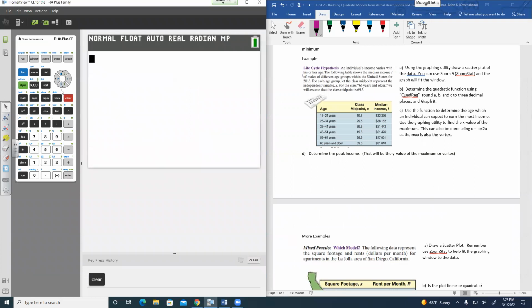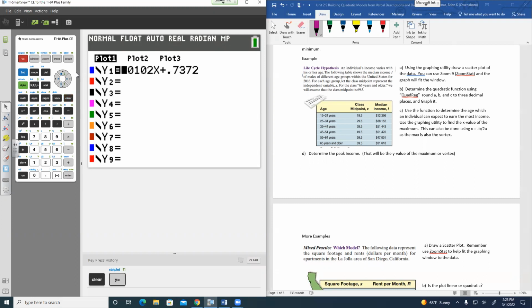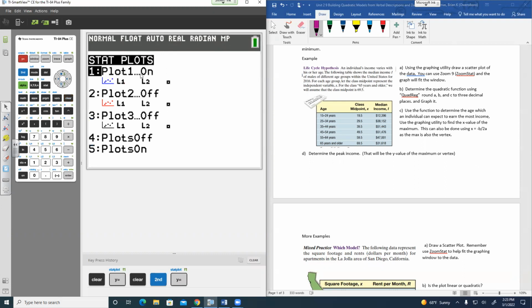So to enter data, again, we got to make sure, if we look at Y=, we want to clear that out. Under Stat Plot, we want to make sure we have something turned on. And you can see right over here, Plot 1 is lit up, so I think we're okay there. If we need to turn that off, we can do that later, but right now we can just let that be.